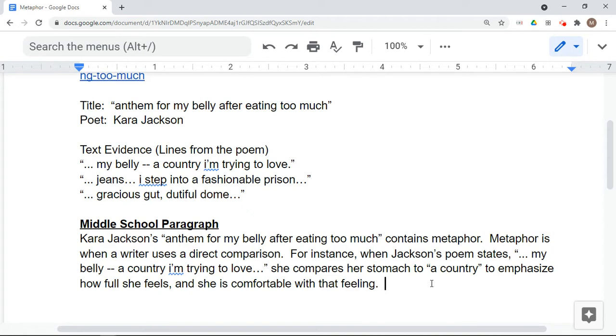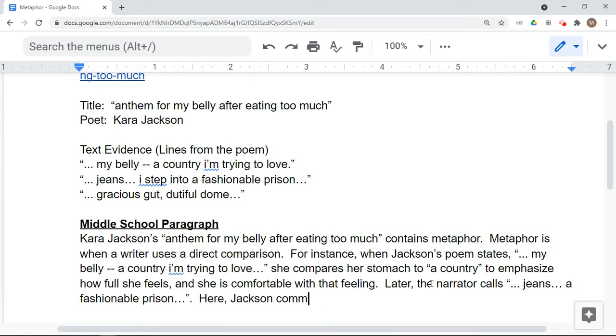Next up, "jeans, I step into a fashionable prison." Okay. Later, the narrator calls jeans, and I think I'm going to cut that quote just a little bit more. I'm going to just say Jackson calls jeans a fashionable prison.